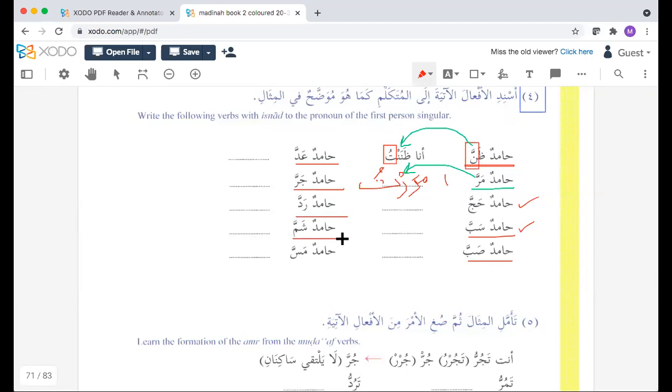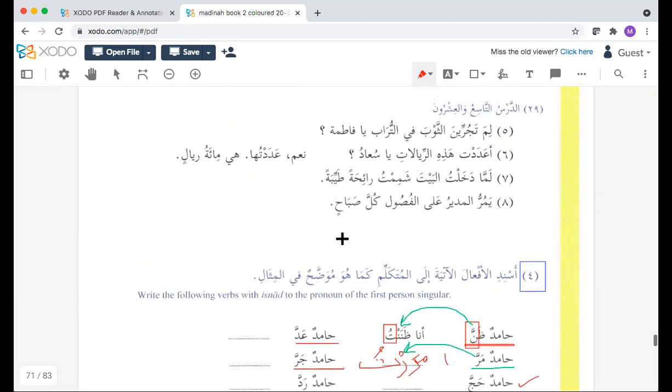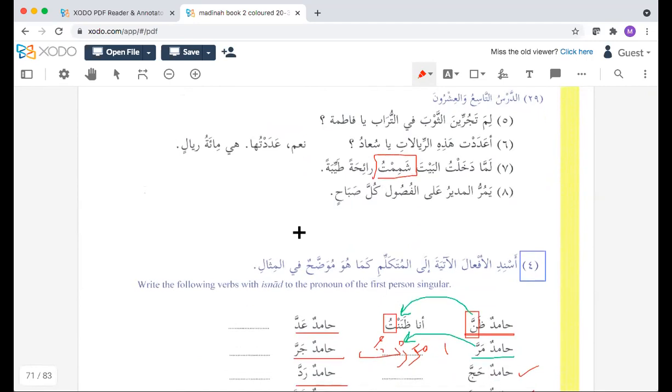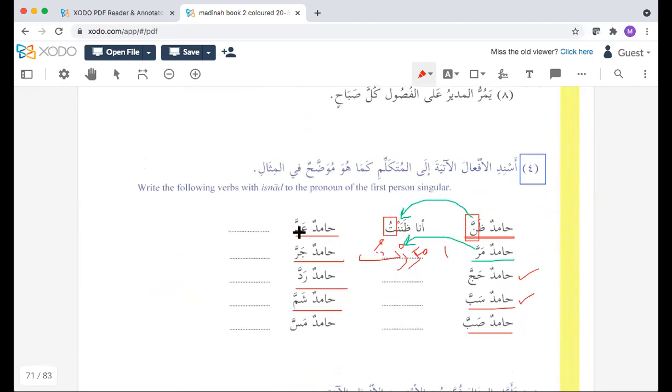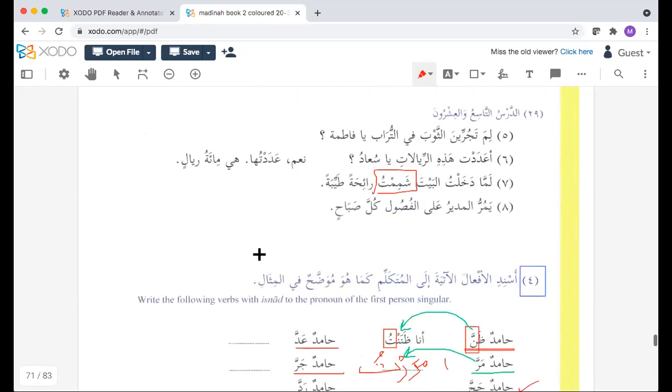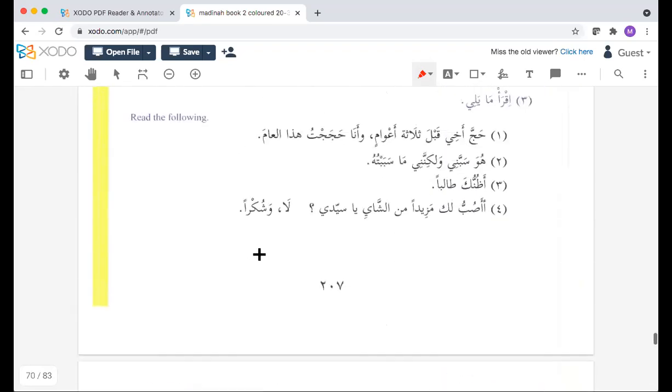أنا شممت. So this one here, if you notice the previous examples that we had taken, the example of shamma and massa is actually with a kasra in the middle. So this one you will say shamimtu. Ana shamimtu.